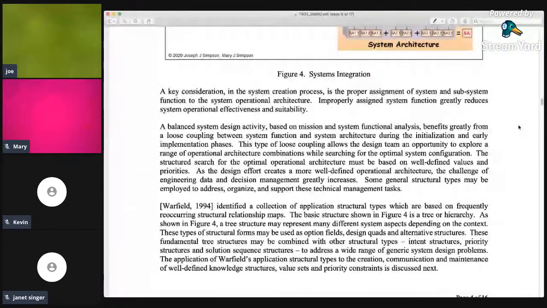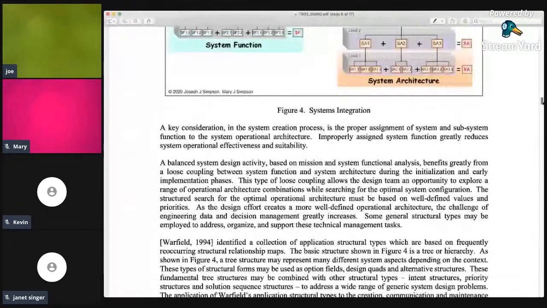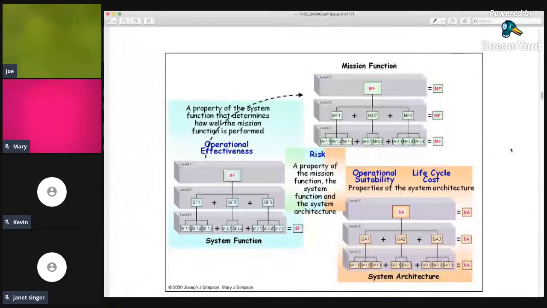And one of the things about designing using n-squared diagrams or these types of functional operational architecture evaluations is that there's a large number of these architectures and components. It takes a lot of time. It's very expensive to go through and do those by hand.